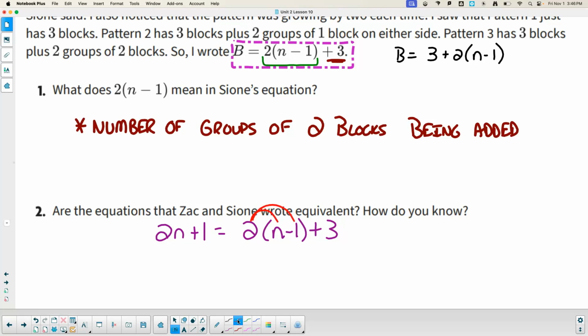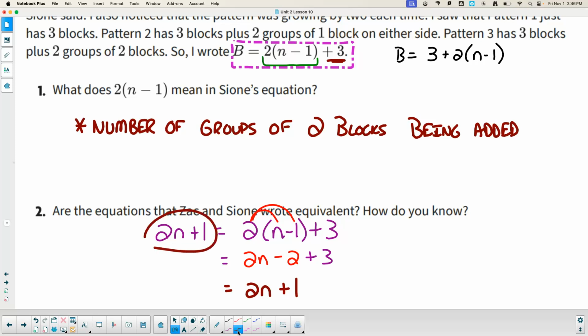So I'm going to distribute that 2 into both of those. So 2 times n is 2n. 2 times negative 1 is negative 2. And then plus 3. And then I can't do anything with the 2n. The 2n is going to stay 2n. There's no other n terms to combine. But negative 2 plus 3 is positive 1.